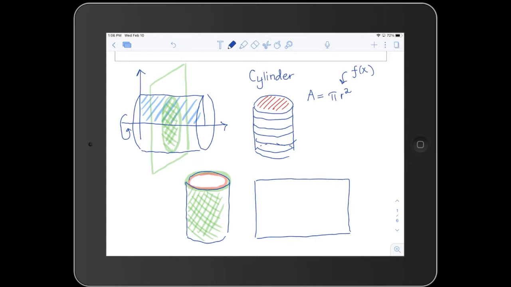We know the area of a rectangle. What is the area of a rectangle? It's width times height. But now if you look at the cylinder that we have here, let me make a little bit more layers here with different colors. How do we compute these quantities, the width and the height?